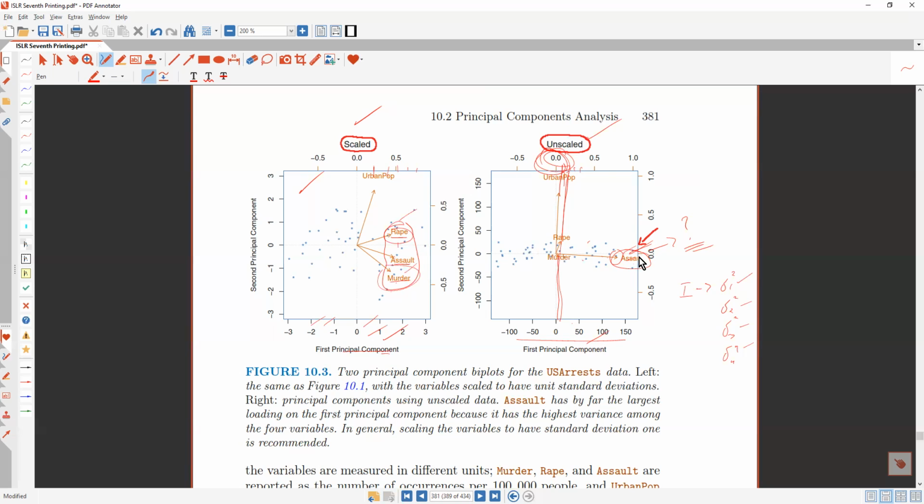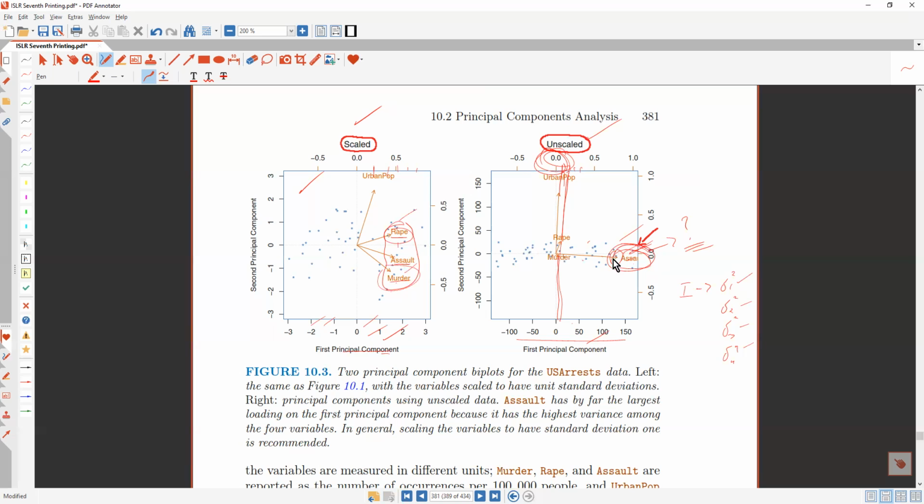Now you look at that and say, my goodness, principal components is like the most horrible procedure ever for doing something like this. How dare principal components do this? What a bad technique. If it's like saying this is most important in this plot simply because it has the highest variance. And the answer to that is it's doing what it's supposed to be doing. Principal components is doing exactly what it's supposed to be doing. It's not a horrible technique. It's maximizing the variance of that component.